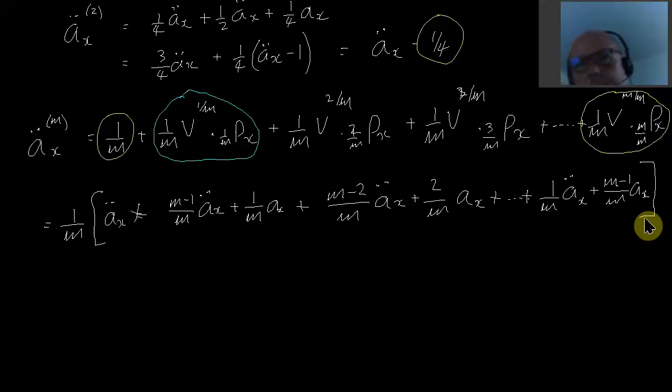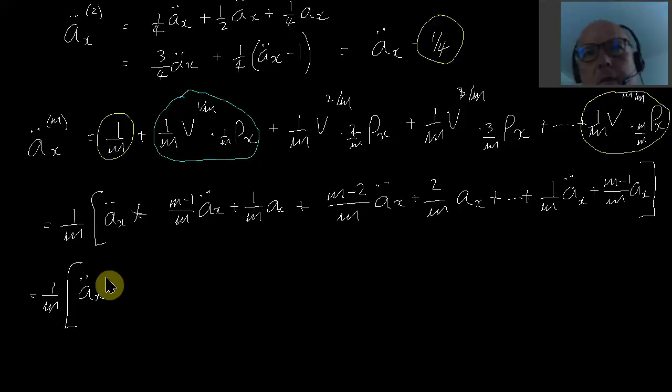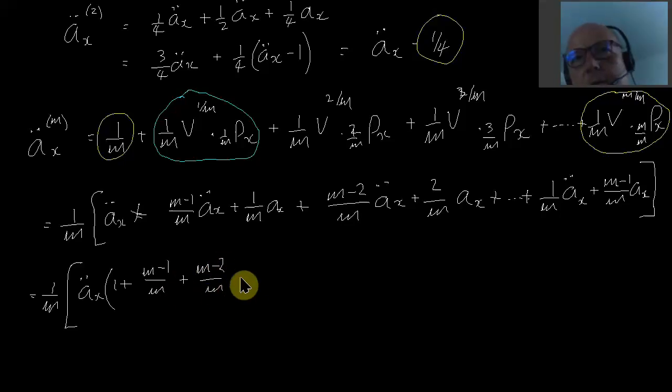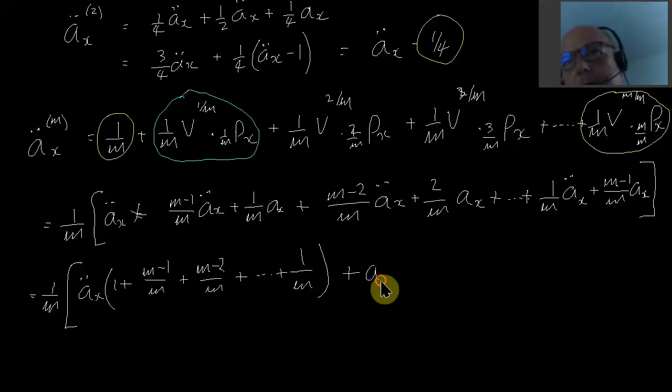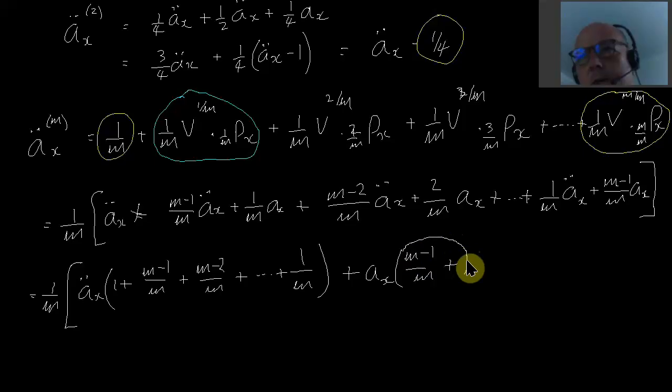Okay, so that whole thing is equal to 1 over m, and now it's just about arranging terms. ä x into 1 plus m minus 1 over m plus m minus 2 over m plus, up to, plus 1 over m, plus ax, and sorry, got that the wrong way round, just to keep it clear.